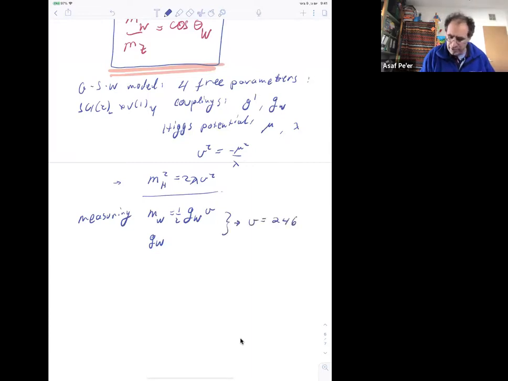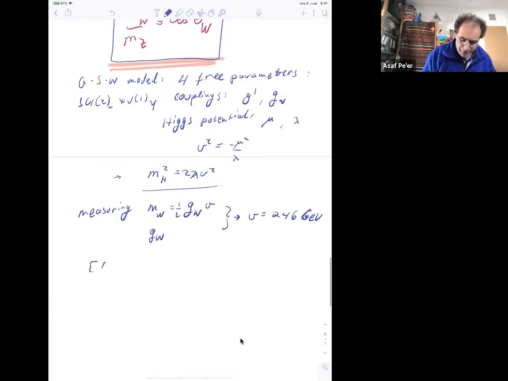That's 246 GeV. That doesn't tell us the mass of the Higgs, because for that we need to know lambda, which we don't know. We know today that the mass of the Higgs, which we measure, but there was no prediction of the Higgs mass before it was actually measured, is 125 GeV.